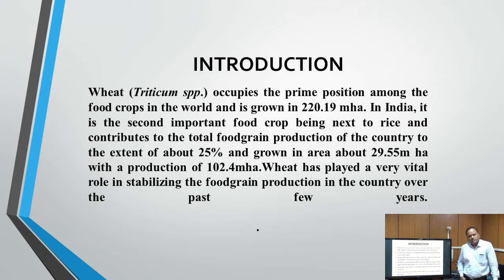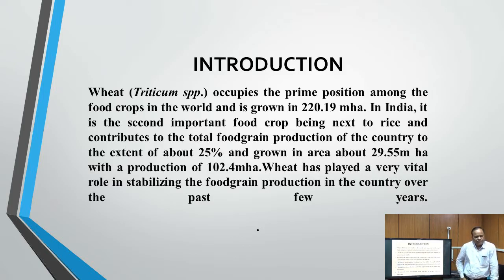Nearly 55% of the world population depends on wheat for about 20% of calorie intake. Wheat is such a type of crop which can be grown in diverse climates, and in India mainly 3 types of wheat are grown.